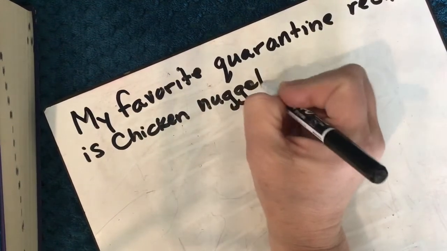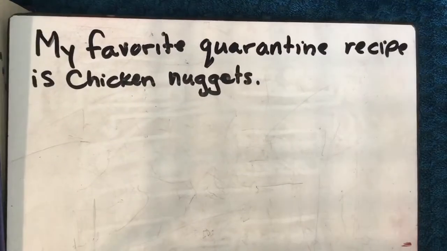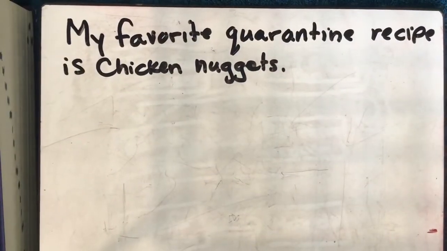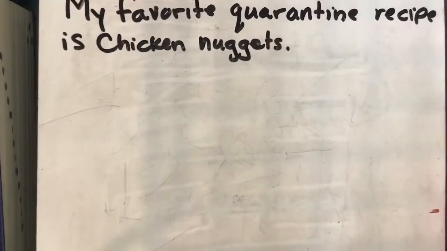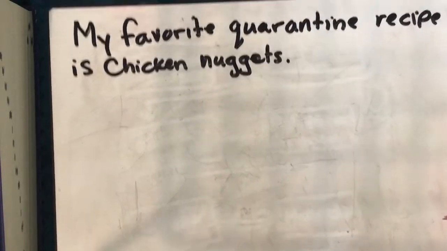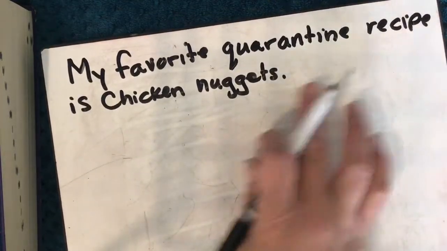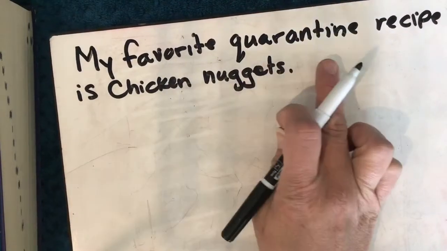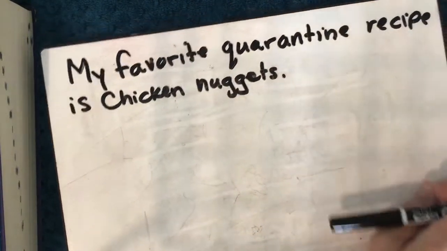Two G's in nuggets. Okay, you can see most of it there. My favorite quarantine recipe is chicken nuggets. Now I don't have to go to the next line. I just keep going right after nuggets.